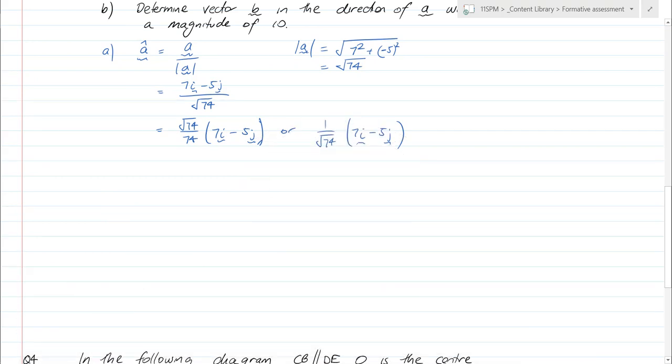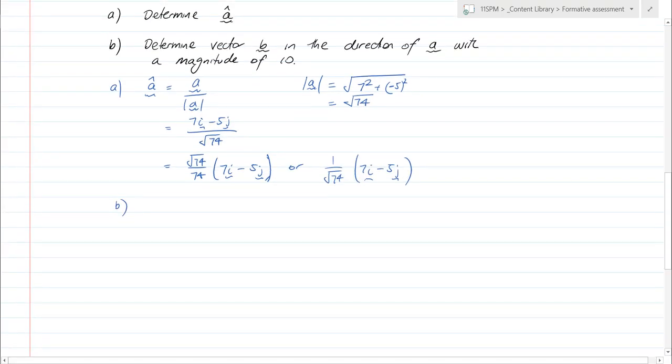Part B. Determine vector B in the direction of A with a magnitude of 10. This actually, for me, from my point of view, I read this question and I'm straight away thinking this is a bit complex, I've got to really think about this. It's actually pretty easy. A is in the direction of A with a magnitude of root 74.